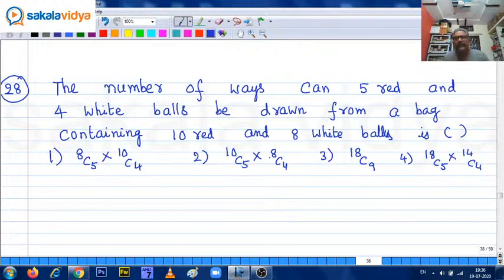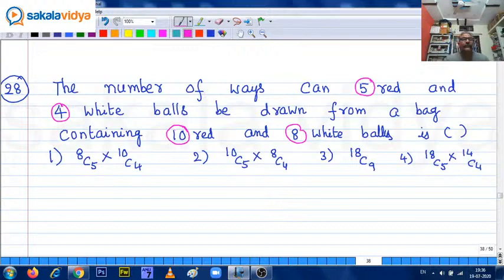This is actually part of the probability chapter. The same problems will appear in the probability chapter also. So here you just see the number of ways 5 red and 4 white balls can be drawn from a bag of 10 red balls and 8 white balls.